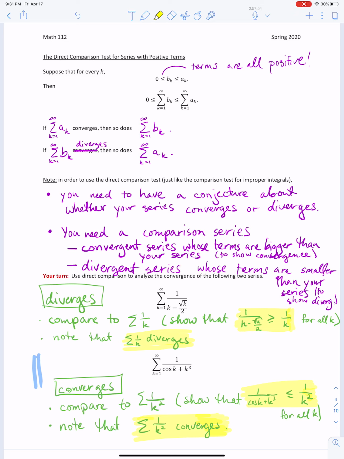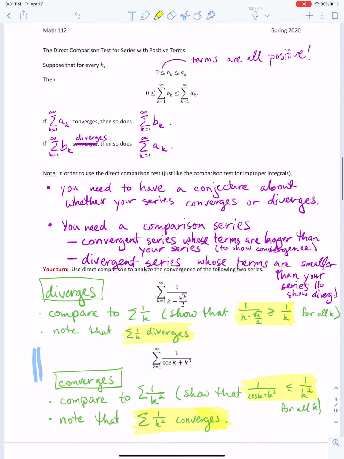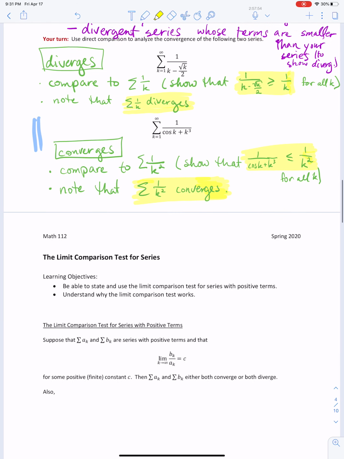If I switch to 1 over k squared, then because the k cubed in our series is so much larger than k squared, that takes care of that problem. But you would want to carefully write that down if you were working this problem for a homework assignment or another application. Okay, so we're going to move on now.